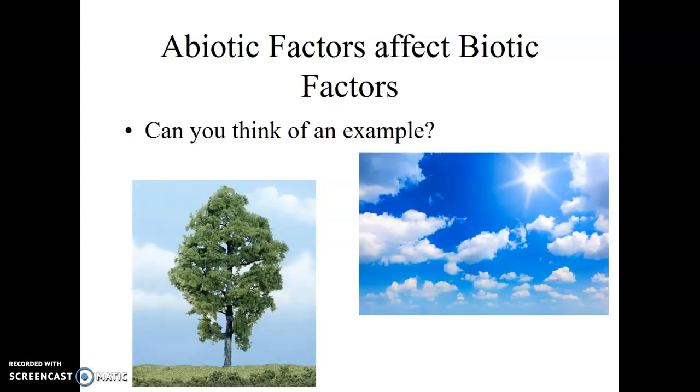Plants depend on sunlight to be able to complete photosynthesis so that the plants can grow. Plants depend heavily on sunlight, water, and carbon dioxide to do photosynthesis. Those are 3 super important abiotic factors that impact a biotic factor like a tree or any plant.